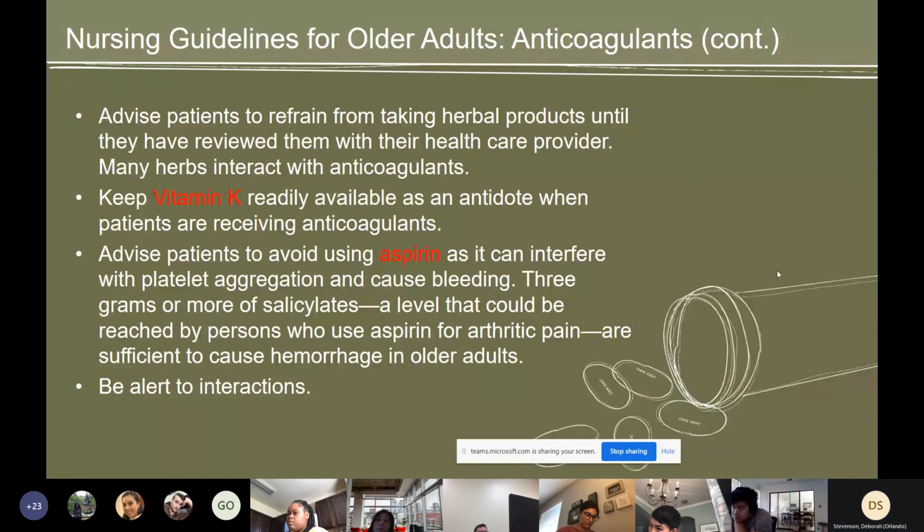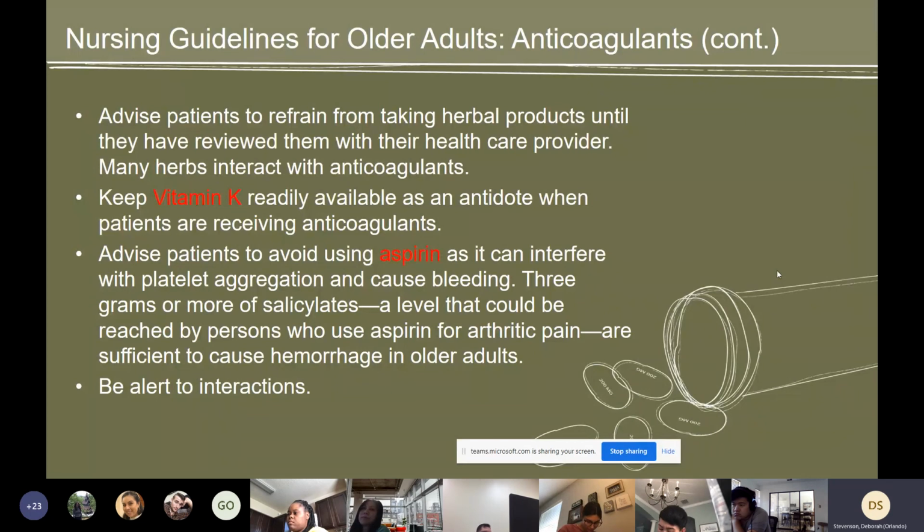Yeah, very good. Okay, of course, we want to make sure that our patients who are on anticoagulants should not be taking aspirin, because remember, aspirin interferes with the platelet aggregation, similar to Lovenox or enoxaparin, and it can cause more bleeding. So if you find a patient who's on aspirin and they're on Coumadin, you might want to talk with a healthcare provider because it could simply be something else they could do.